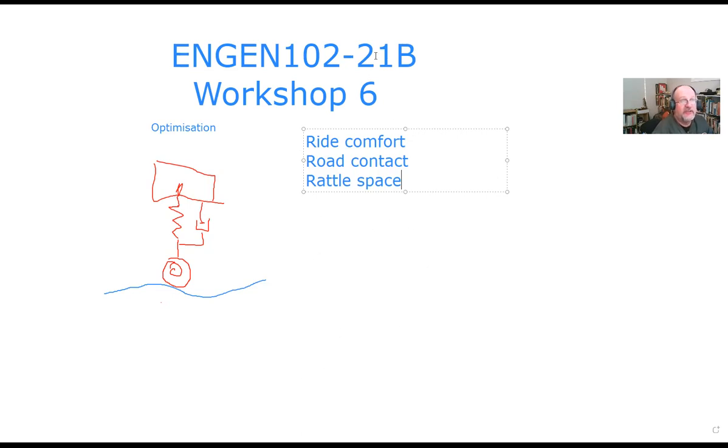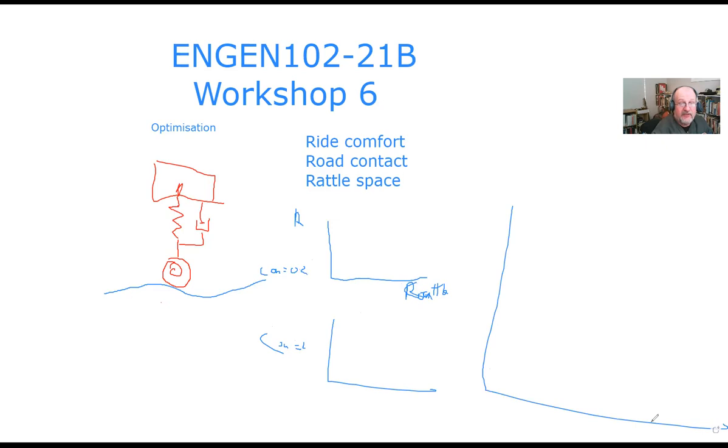If we want to do this, we can actually draw this as graphs. Let's go back to my draw instrument. I can set up ride comfort, contact, and rattle space, and then repeat this for contact equals 0.2, contact equals 0.4. Now, we can plot these on a graph.